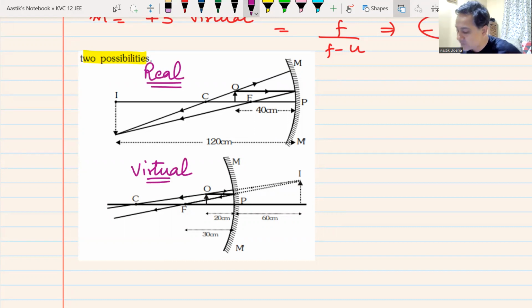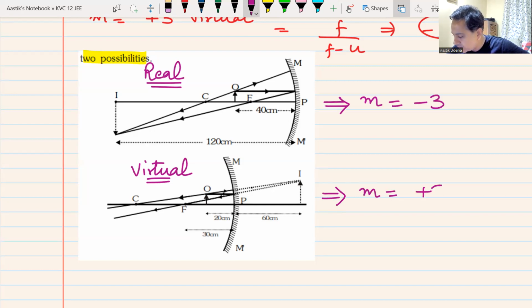Because for a real object, a concave mirror can form real as well as virtual image. In this case, you have to put magnification as -3. For this case, you have to put magnification as +3.